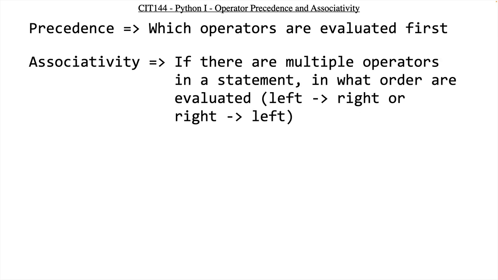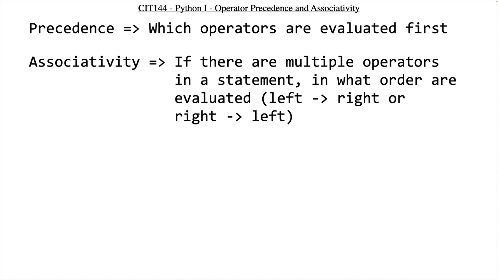Now, associativity is maybe not quite as big a deal in Python as in other languages. Associativity is, if there are multiple operators in a statement that have the same level of precedence, in what order are they evaluated?